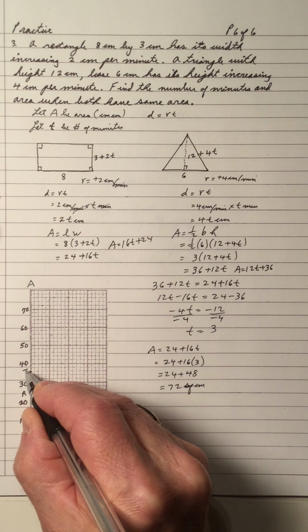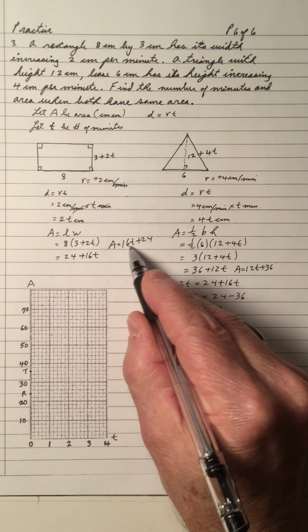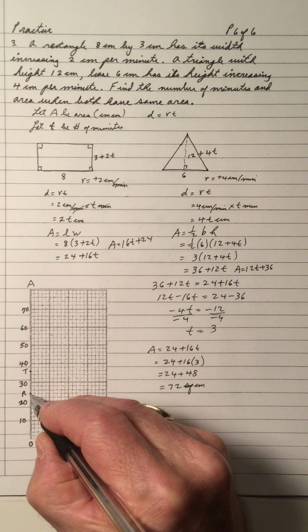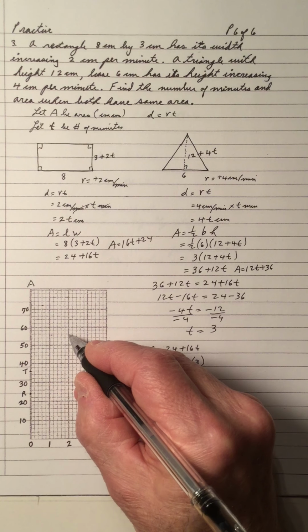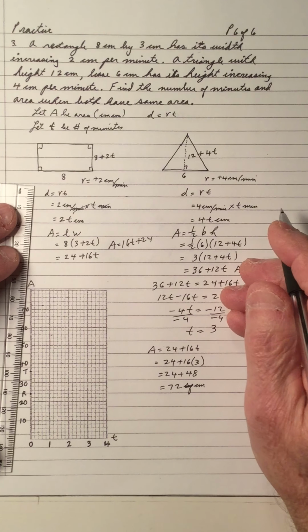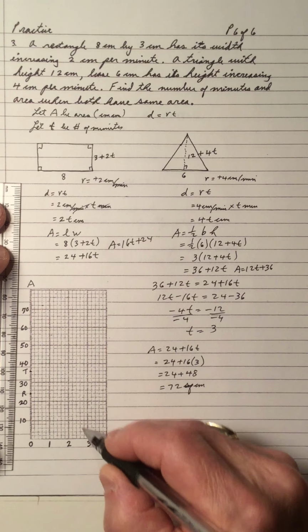So there's the triangle. And in the rectangle, you're going up 16 every minute. So you start here and you go up 16 over 1. You go up 16 more over 1. You go up 16 more over 1. That's 3 minutes, giving you 72.